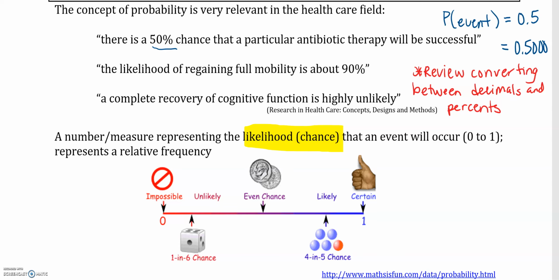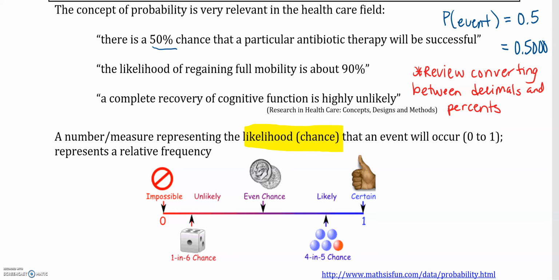A perfect example of that is your coin flip. If it's a fair coin, so it's not weighted differently, it will have 50% chance of getting heads and 50% chance of getting tails. Whereas with a dice, because it has 6 sides, there's a 1 in 6 chance of getting any of those numbers. So it's a lower probability.